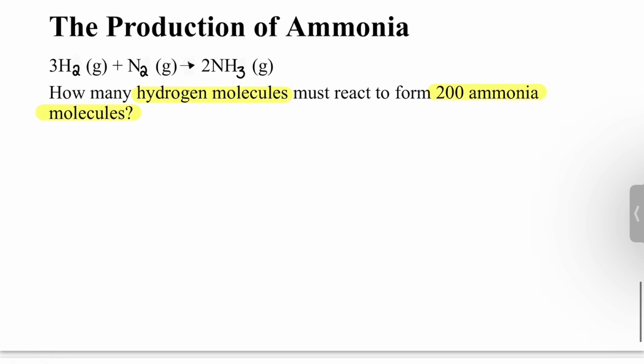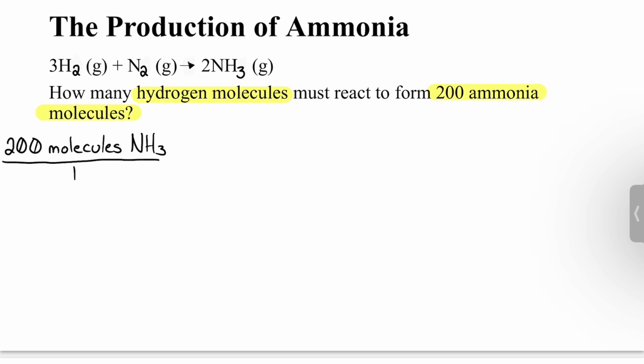First part, we're going to convert from molecules of ammonia to moles. Again, like I said, you must be labeling what substance you are dealing with. So it's not enough for me to just label it 200 molecules. I need to label it 200 molecules of NH3.